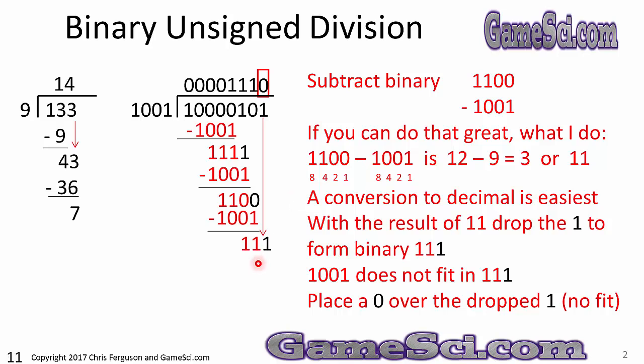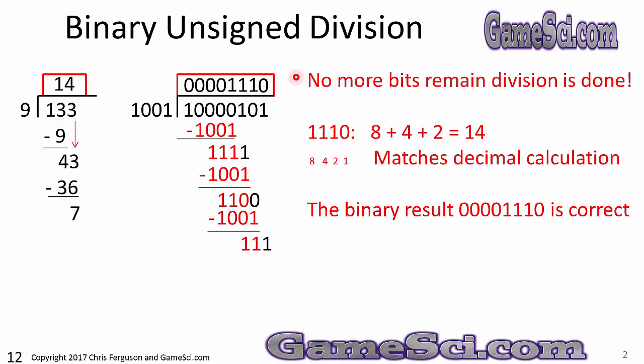Here's my result, 11. I'll drop the 1 down from this column to form binary 111. 1001 does not fit into 111, so I'll place a 0 over the dropped 1. When there is no fit, you put a 0 over the dropped bit. No more bits remain. The division is done. 1110, which is this top row here, if you put it over 8421, you can see it's 8 plus 4 plus 2.